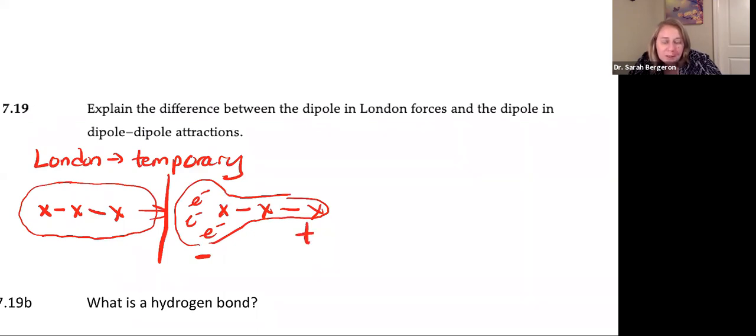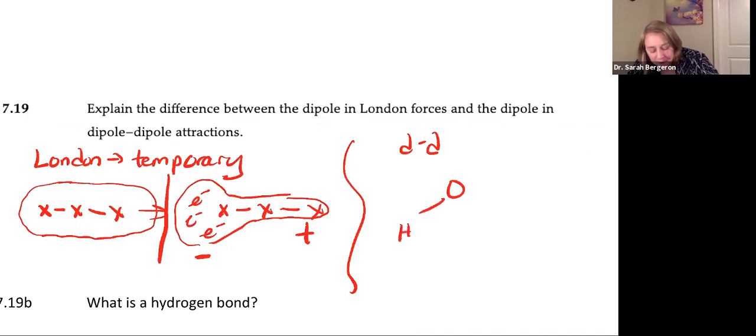And so the London dispersion forces are temporary, whereas the dipole-dipole interactions are permanent, right? You have oxygen, you have hydrogen. Well, what are the electrons doing? You really have a small electron cloud around the hydrogens, but then around the oxygen, oh, you got a big electron cloud.